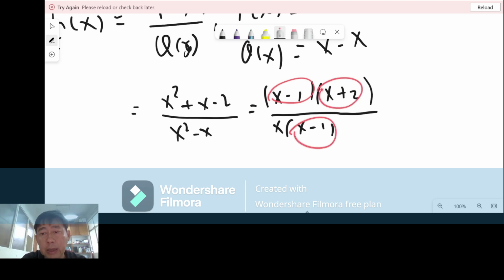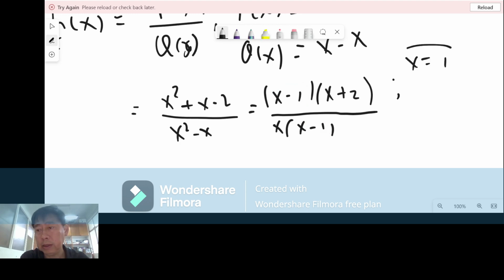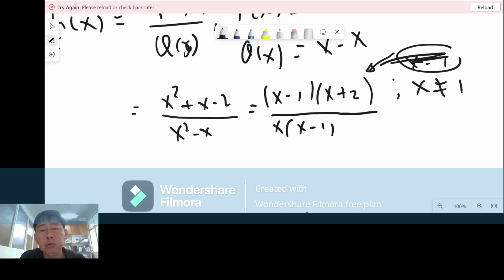Even though x plus 2 is not 0, and x is not 0, x minus 1 will be 0 if you substitute x equals 1 into this expression. So what I'm trying to tell you is that x in this case could never be 1. If x is equal to 1, then you cannot cancel it off.